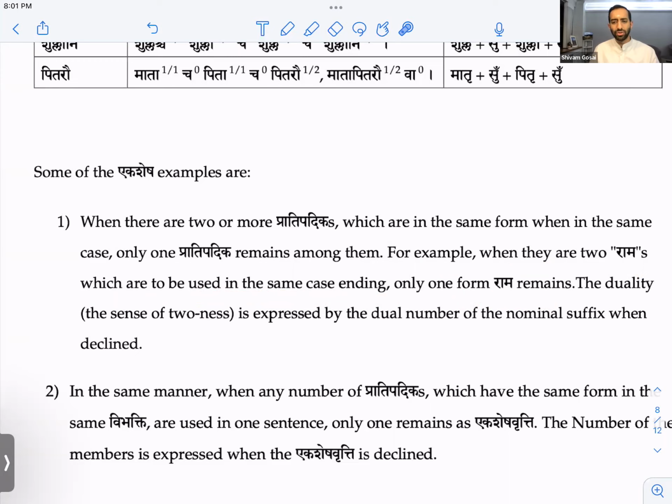Now, how do you know there's two of them? The duality, the sense of two, is expressed by the dual vachana, the dual number of the suffix when it's declined.